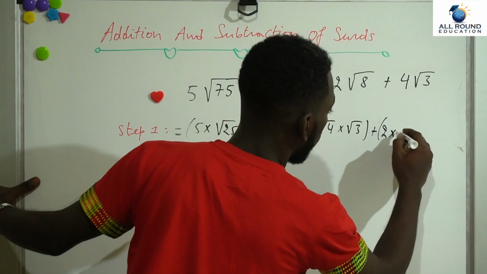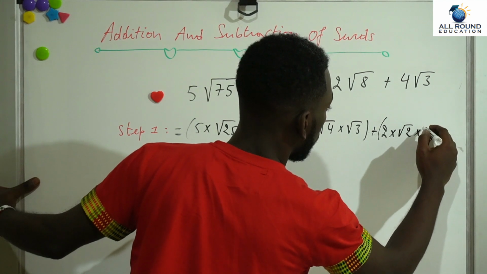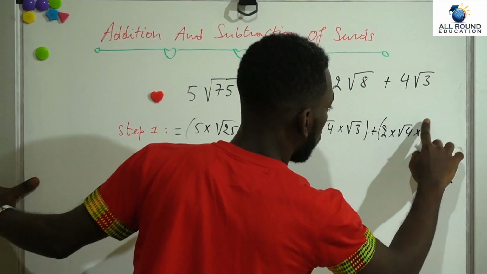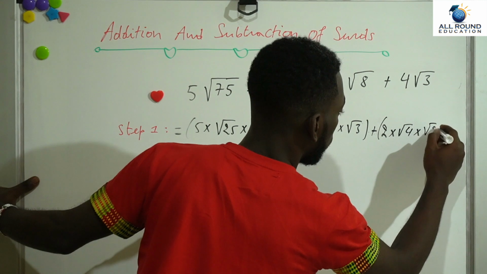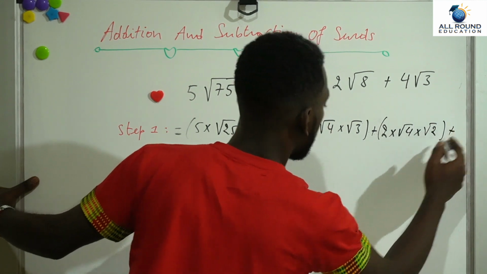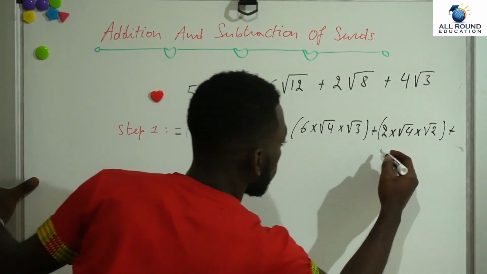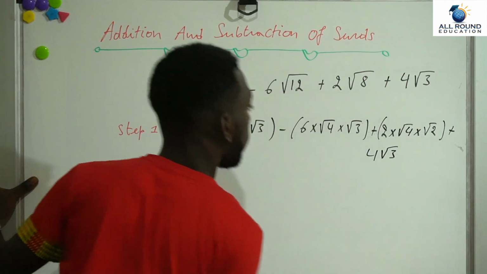The highest perfect square is 4, so I have 4 times 2, so this is 2 times the square root of 4 times 2, plus, sorry guys, plus 4 square root of 3.